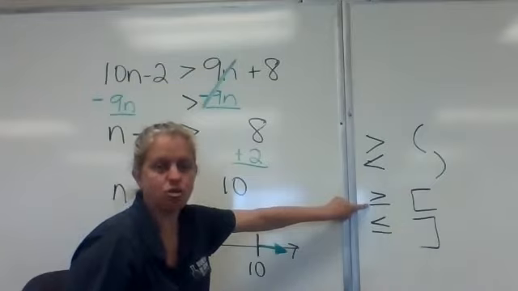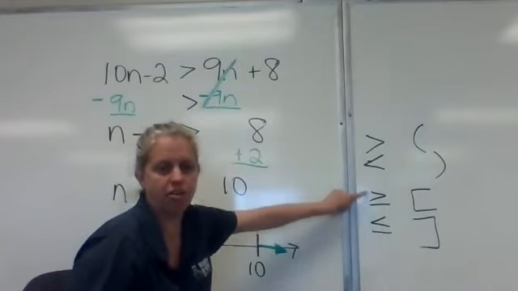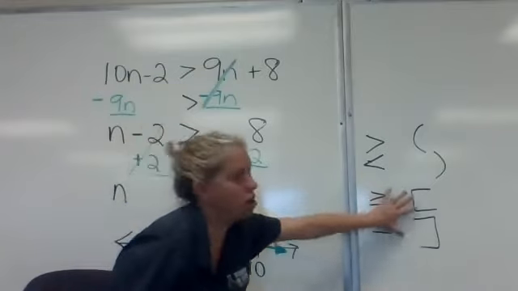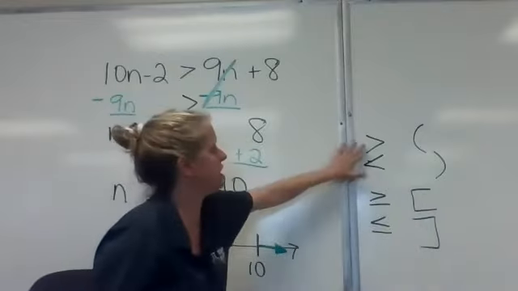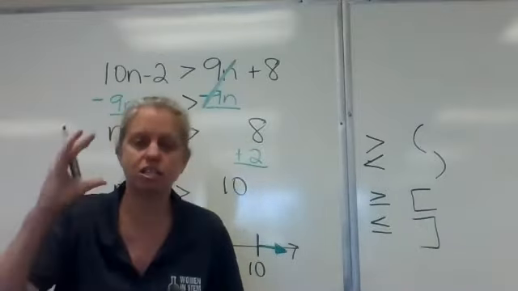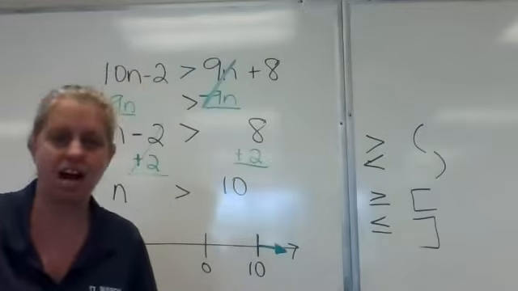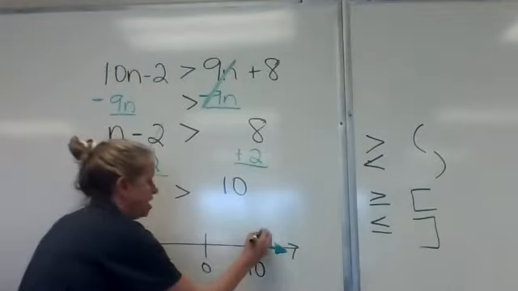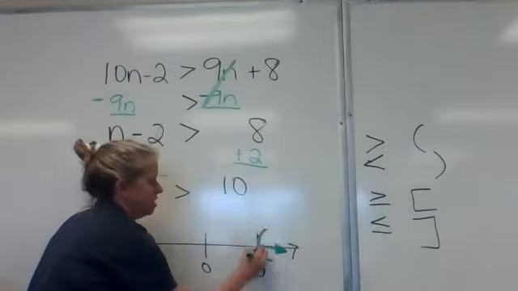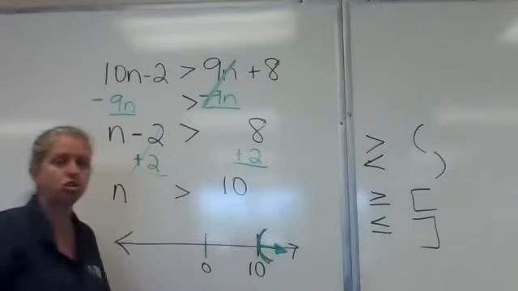If it has that equal to line below the greater than and less than symbol, those are what makes brackets. If you just have greater than or less than, it's going to be a parenthesis, not a bracket. So I'm going to have a parenthesis on 10 with the arrow going to the right.